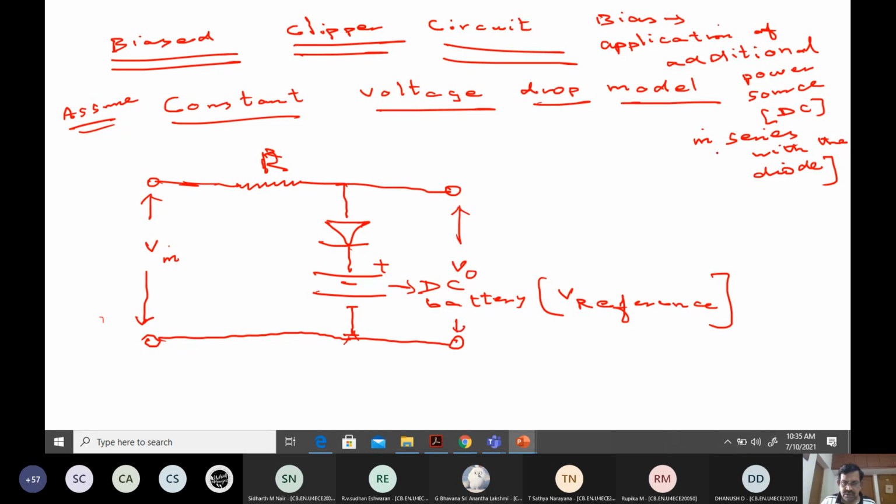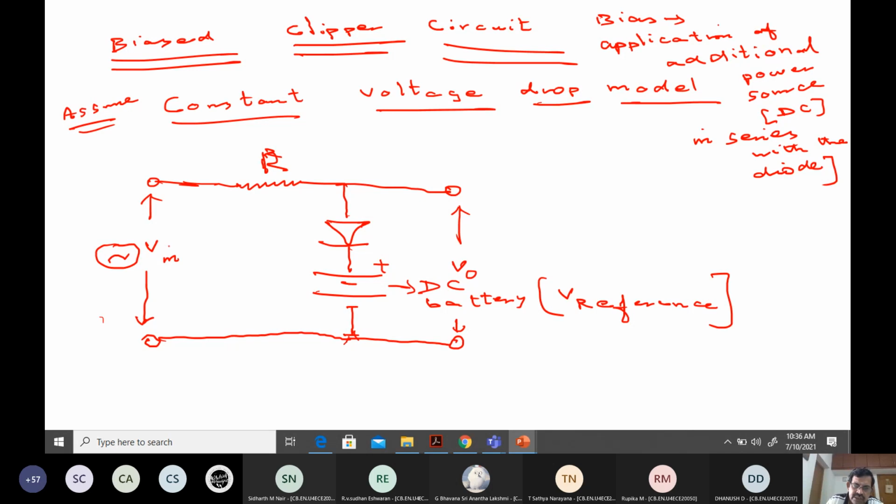In addition to the input source, which is a waveform generator, for example a function generator, I apply the input. This is a biased clipper circuit, one example I am taking. How will the output look like? This is the question, so we need to understand this carefully.